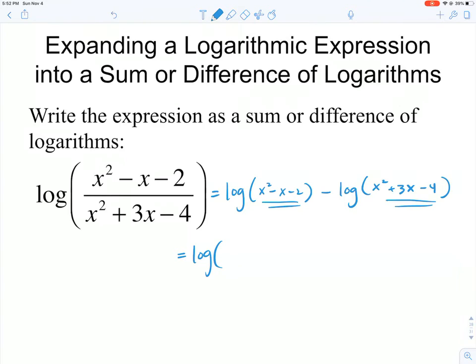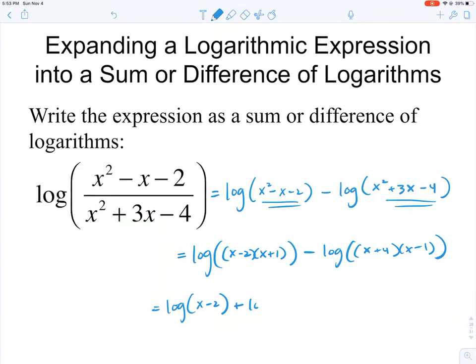So we'll have the log of the factor x minus 2 times x plus 1 minus the log of x plus 4 times x minus 1. So now I can split up this first logarithm using product rule. So log of x minus 2 plus the log of x plus 1.